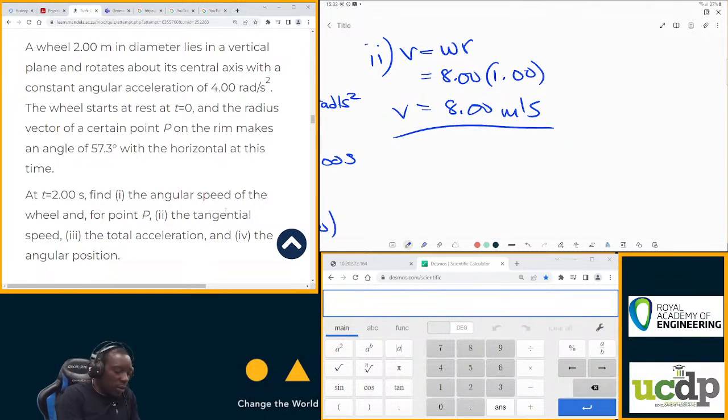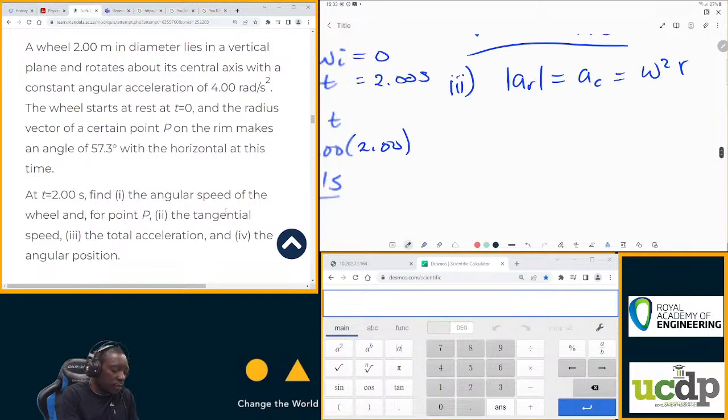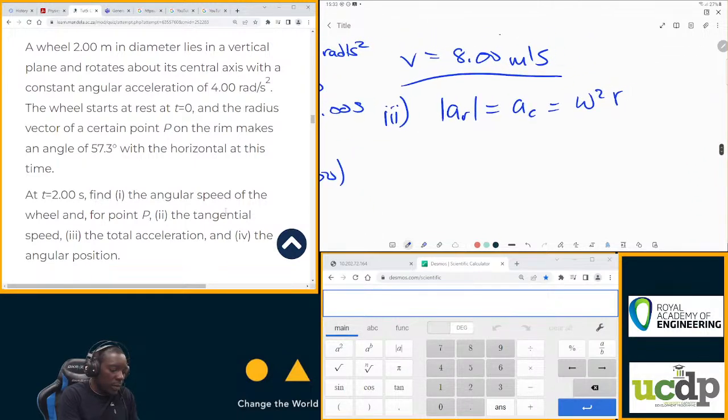So the first one, centripetal acceleration, magnitude of AR equals AC, which is given by omega squared r. That's 8.00 squared times 1 meter.